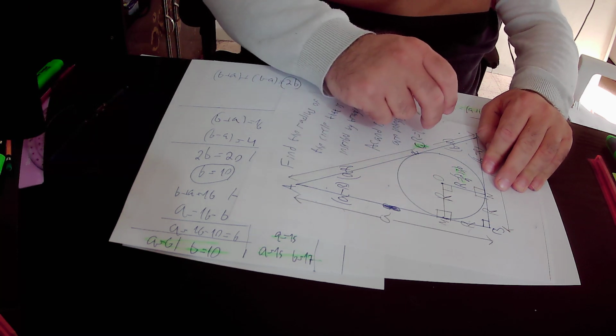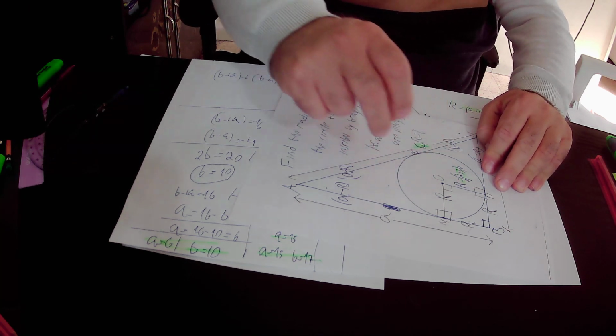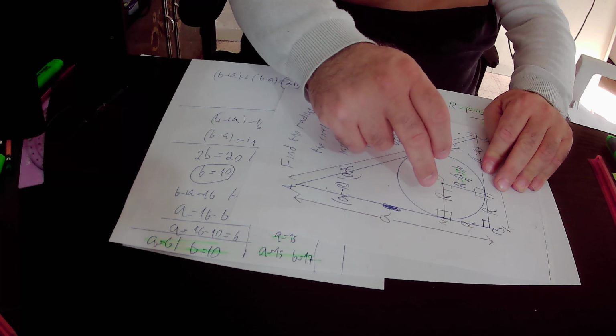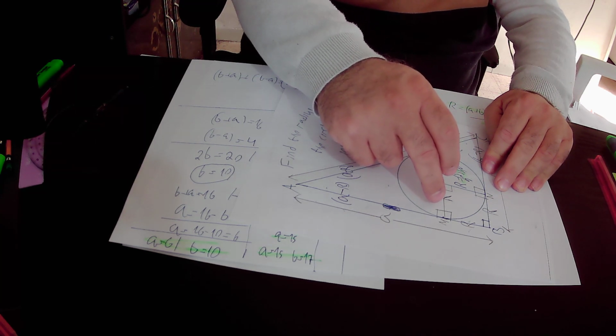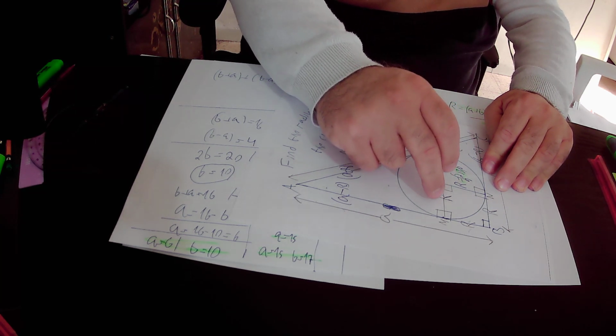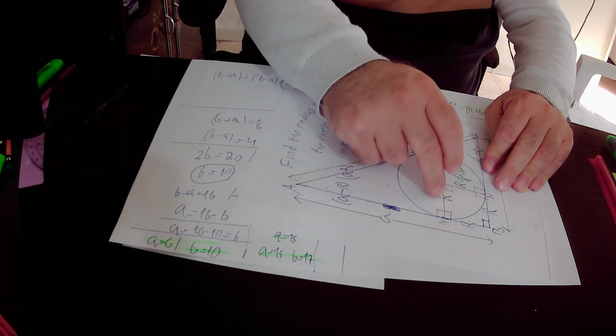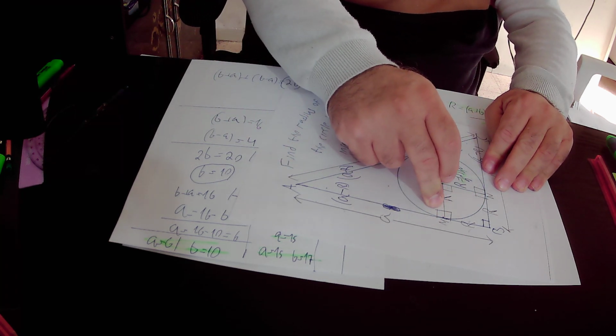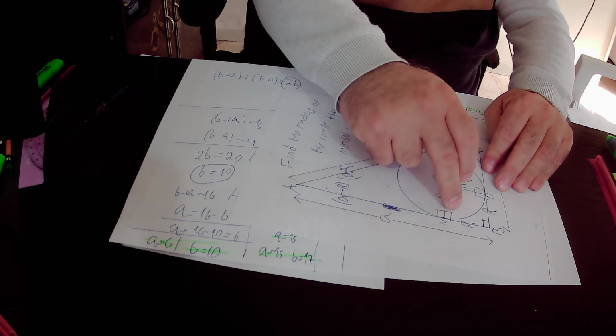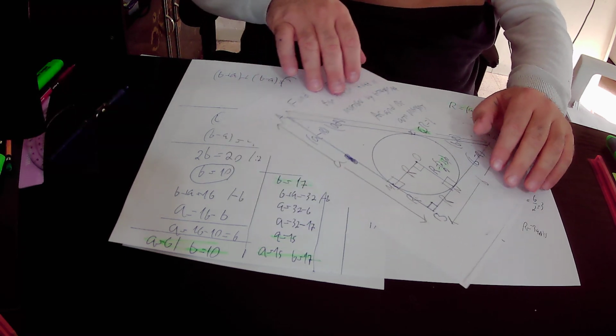And whenever you have a radius that is drawn to the point of tangency, then the tangent AB will be perpendicular to the radius OM. So AB is perpendicular to MO, that is to say this angle equals 90 degrees and this angle also equals 90 degrees according to rule number 1.